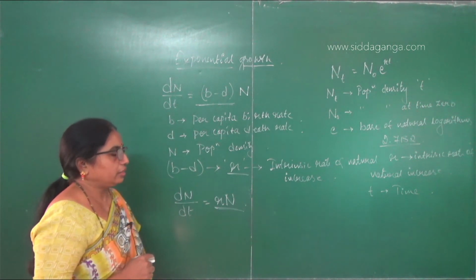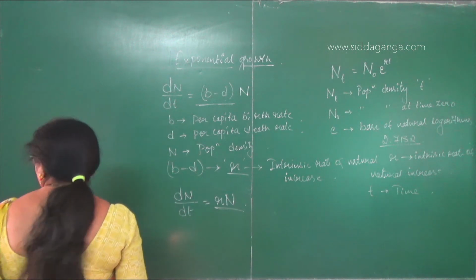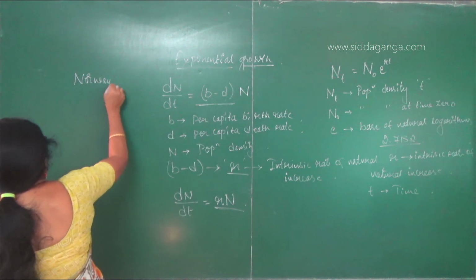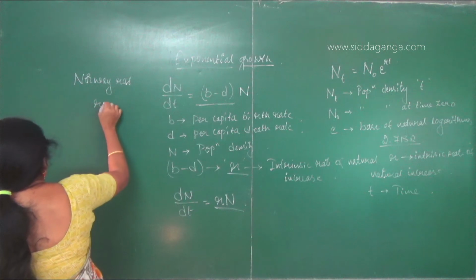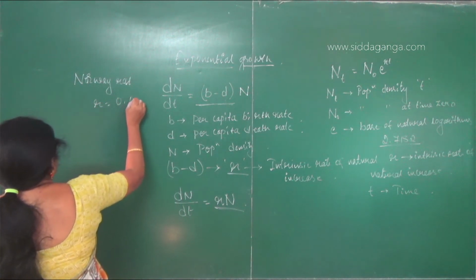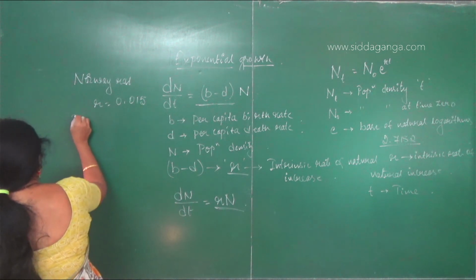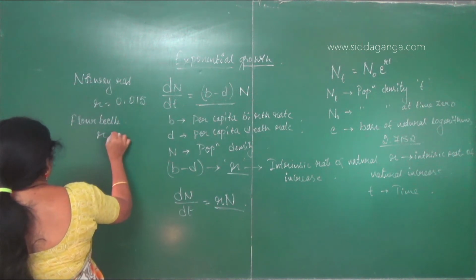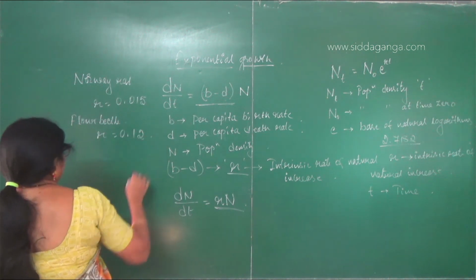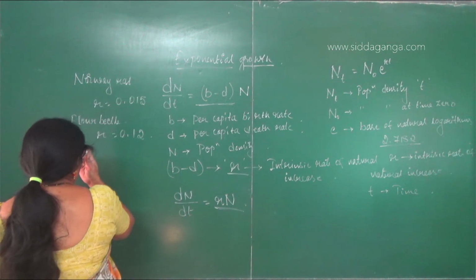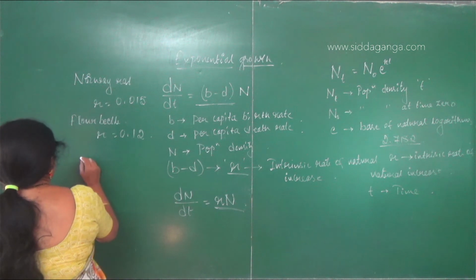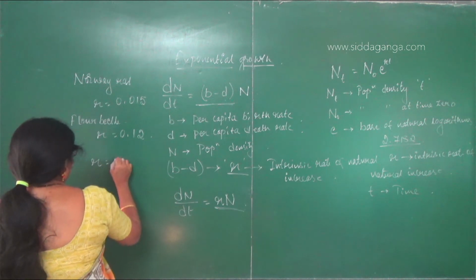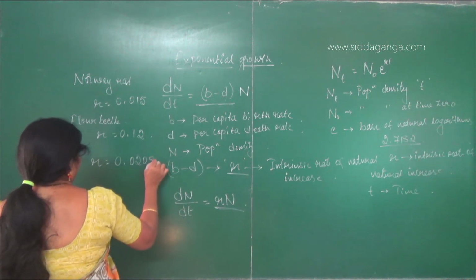For example, the r values for certain organisms are: for Norway rat, the r value is equal to 0.015; for flour beetle, the r value is equal to 0.12; and the r value for the human population, according to the earlier census which was conducted in 1981, is about 0.0205.